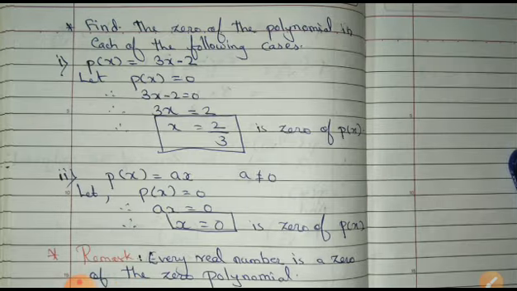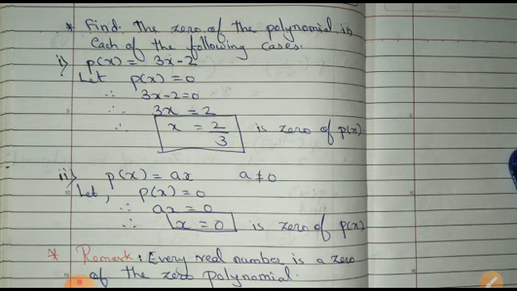Okay. Now next question. The question may be, find the zeros of the polynomial in each of the following cases. Finding the zeros, that means what we need to do? Equate the polynomial to 0 and then find the value of the given variable. Now here p of x is given as 3x minus 2.